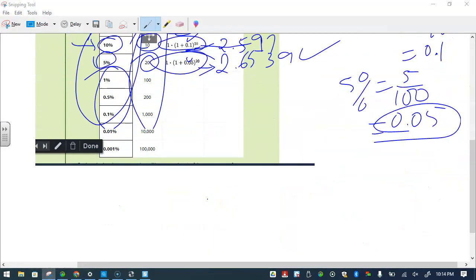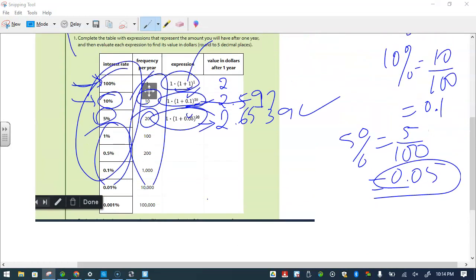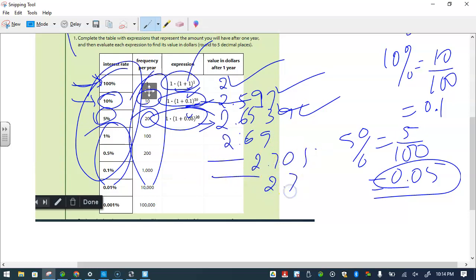And likewise, you will see this number as you go on doing, see this number 2, then it becomes 2.5, 2.6, maybe 2.69, and maybe 2.705, maybe 2.72 something, and then 2.7, sorry, 0.8.